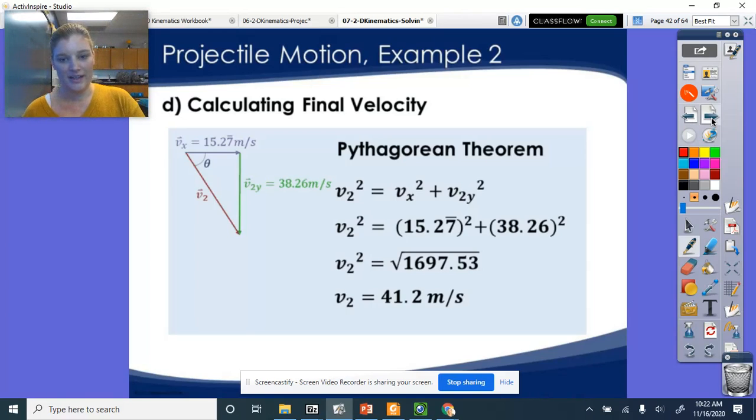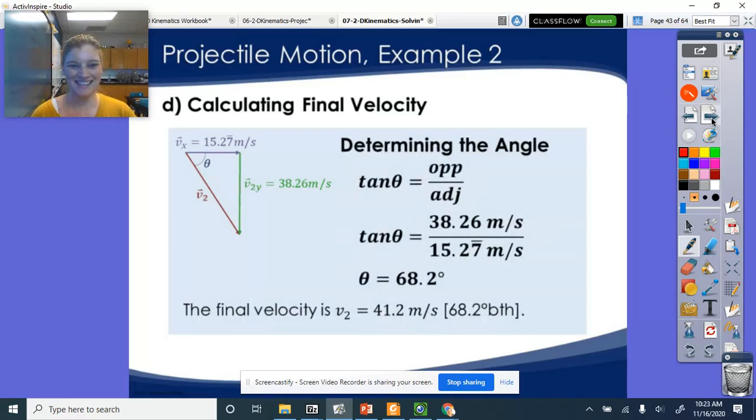I calculate that the magnitude of my final resultant vector is 41.2 meters per second. Then I have to find the angle. I'm just going to use the tangent, opposite over adjacent, so my y over my x, to get 68.2 degrees.